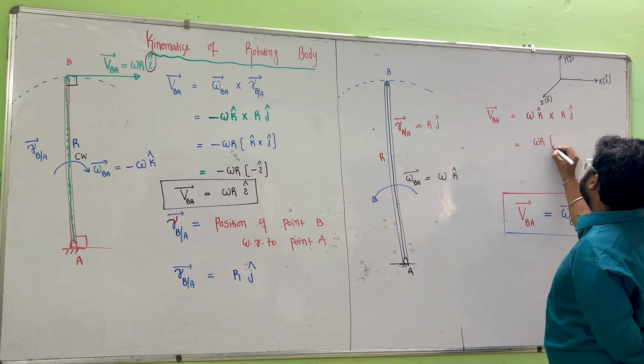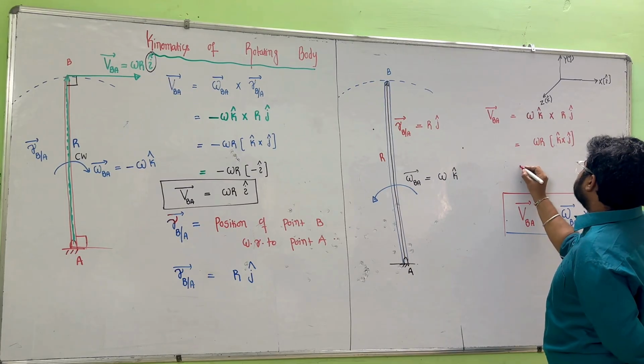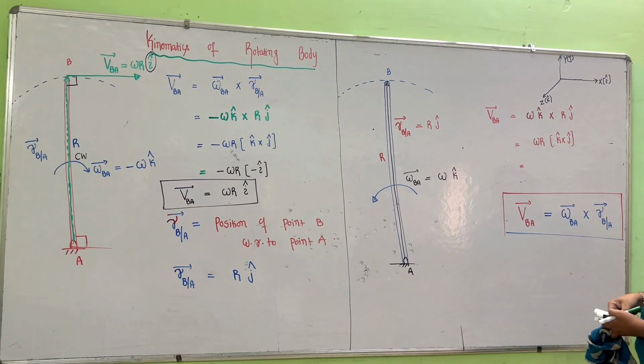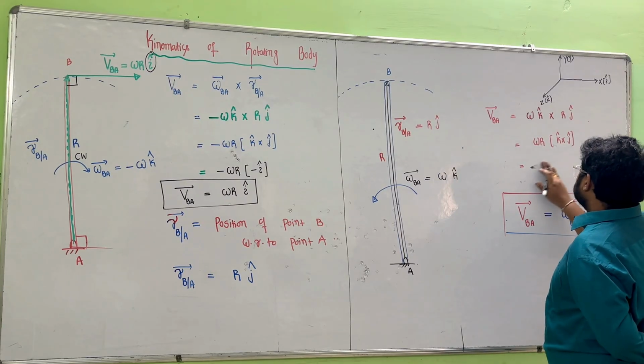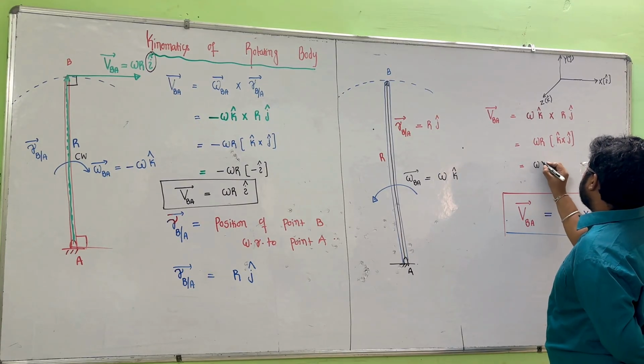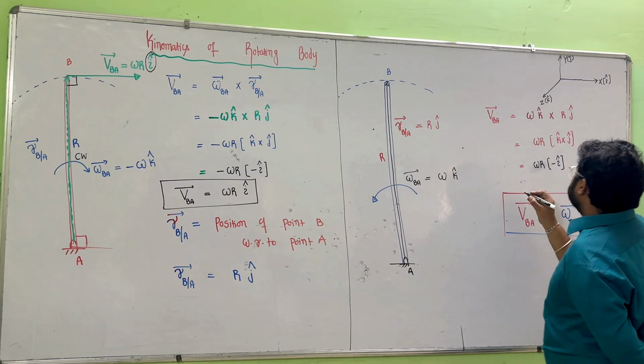That is equal to omega R into k cap cross j cap. K cap cross j cap how much? Minus i cap. Omega R into minus i cap.